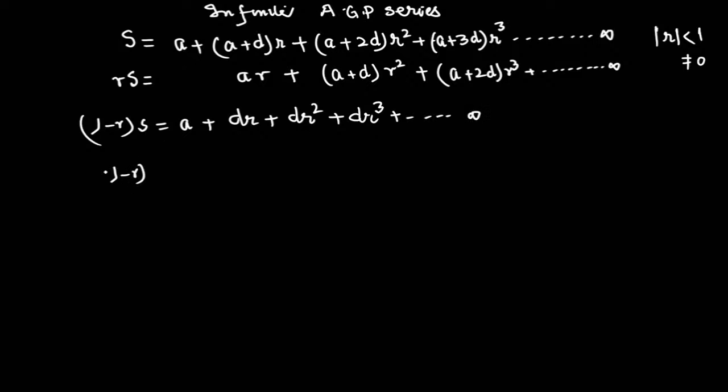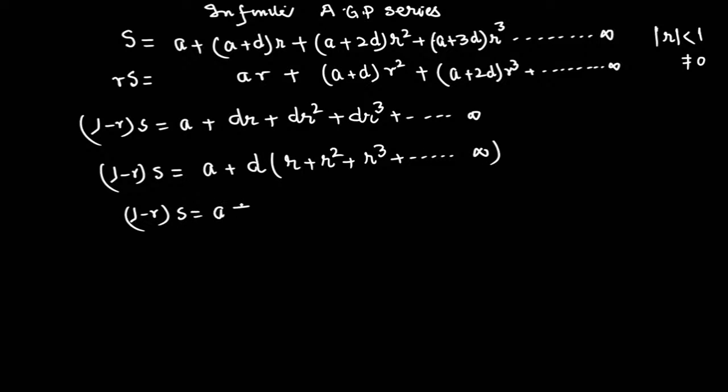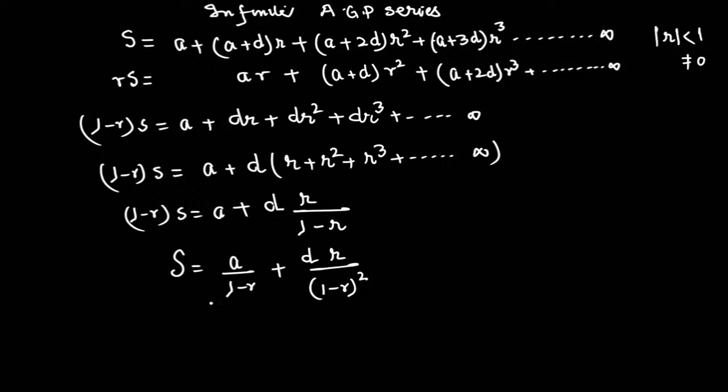And 1 minus r into S is equal to a plus d, I am taking common, it becomes r plus r square plus r cube dotted to infinity. So 1 minus r into S, this becomes an infinite GP whose first term is r and common ratio is r. This is an infinite GP, so dr upon 1 minus r. Then S is equal to a upon 1 minus r plus d into r upon 1 minus r, whole square. This is the sum of an infinite AGP.